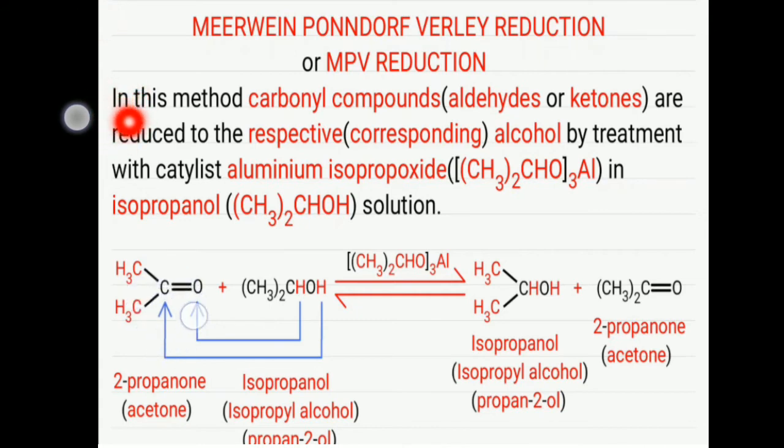This is the ketone acetone, or 2-propanone. When this propanone reacts with isopropyl alcohol, the arrow marks clearly indicate where the reaction proceeds.